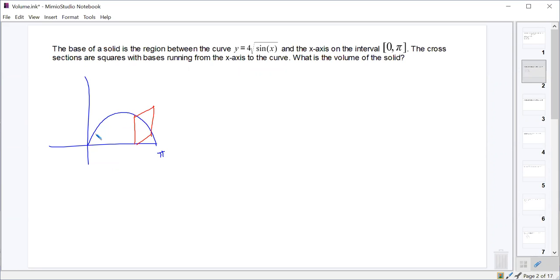I got some very small ones over here sticking up out of here, and everywhere perpendicular to the x-axis there is a square cross section. So if I sliced it vertically and opened it up, the face of both sides of it would be a square. Does that make sense, everyone?